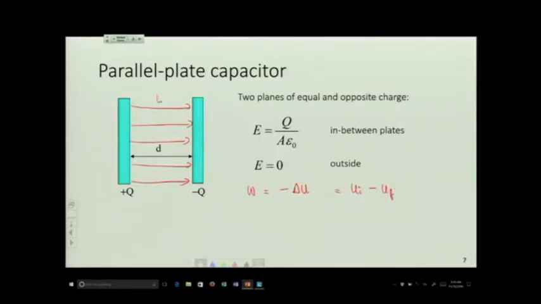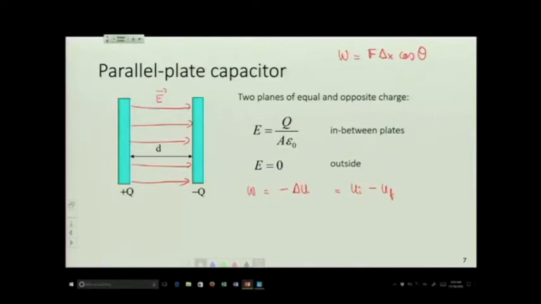I have this electric field E. So the work done by E is going to be equal to the change in potential energy. Now what is the work done as I move from the left plate to the right plate? Let's try this again. Force times displacement times the cosine of the angle between them.